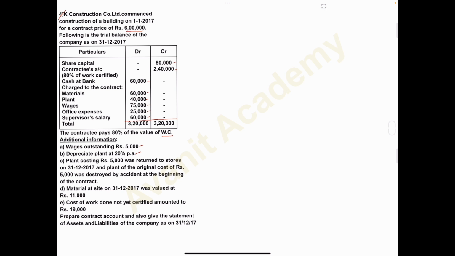The material at site on 31st December 2017 was valued at 11,000. Cost of work done not yet certified amounted to rupees 19,000. Prepare contract account and also give the statement of assets and liabilities of the company as on 31st December 2017. Got this problem? So let's start the solution.